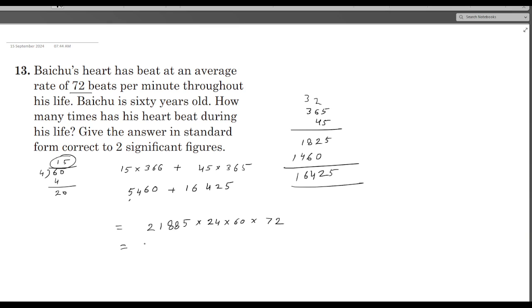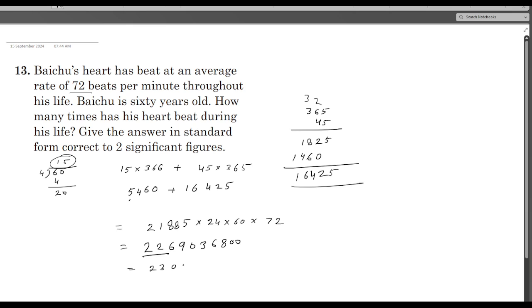The result is somewhat 2269036800. Now we have to write it correct to two significant figures. So in two significant figures, it is written as 230000000.